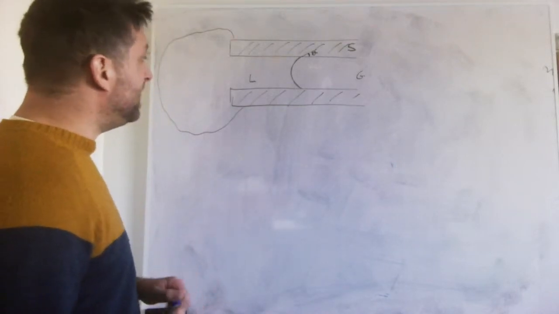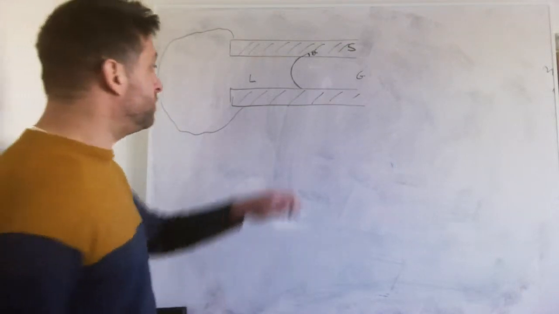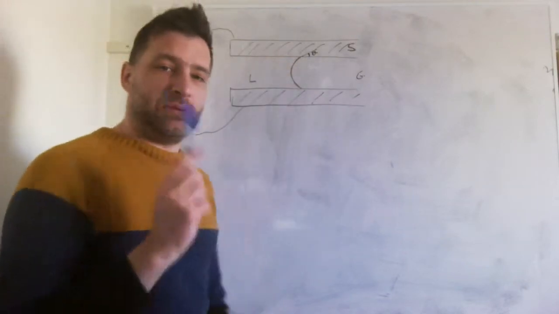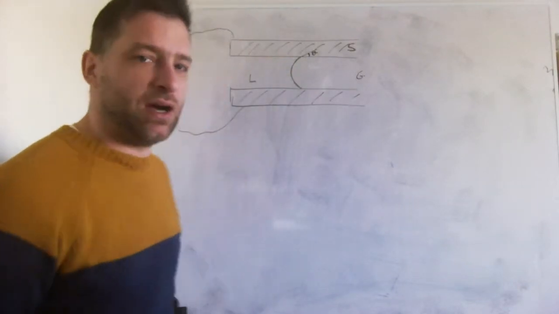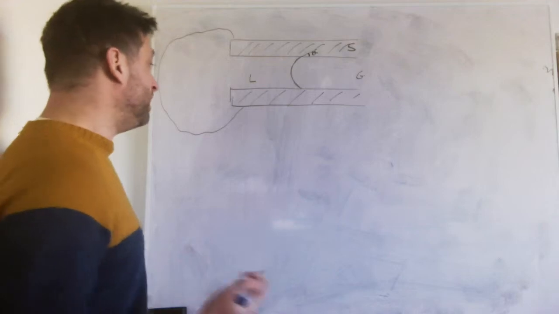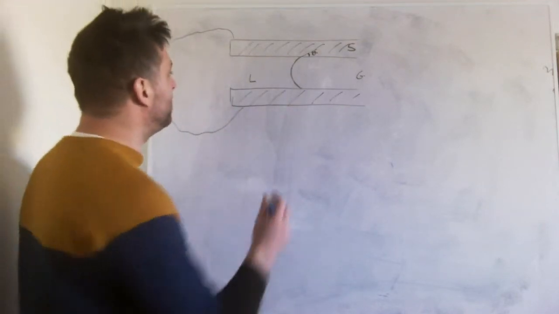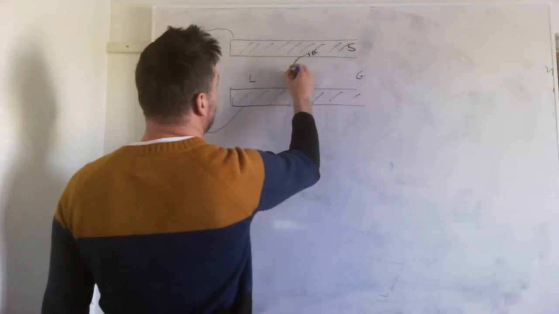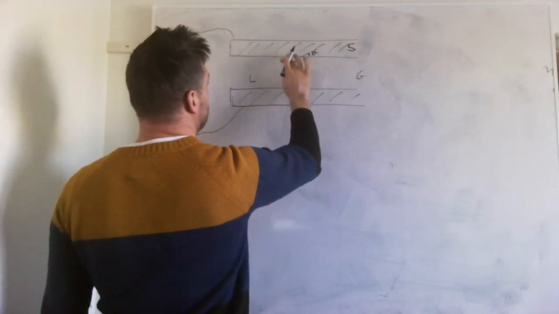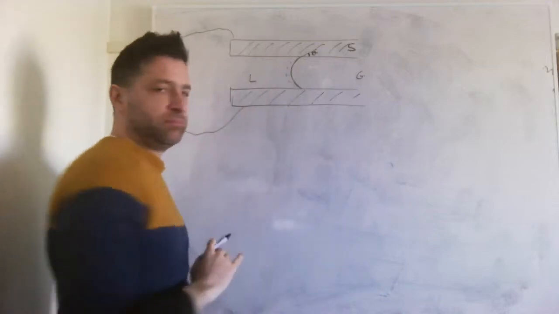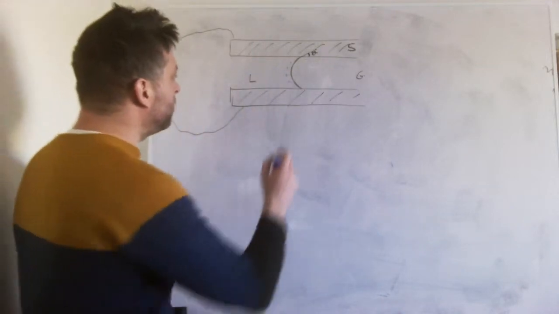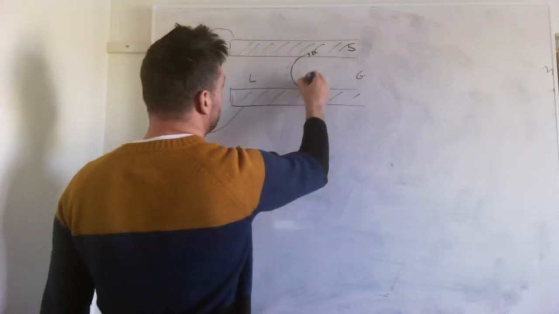The first thing we see is that we have, of course, a curved interface. That means we have a capillary pressure. And how large is this pressure? Well, we're going to consider any point in the liquid but close to the interface. All these points have the same pressure. And all the points on the gas side of the surface also have the same pressure.